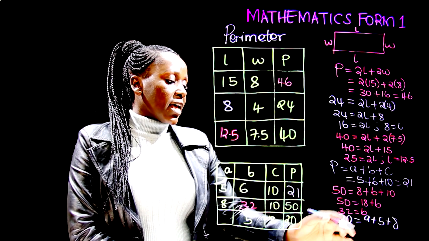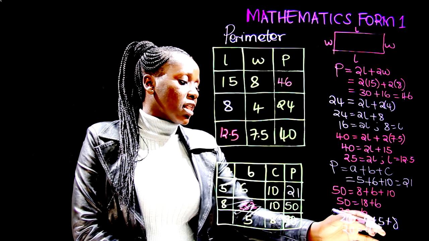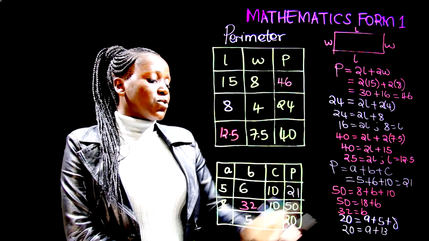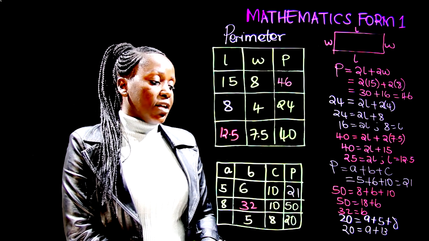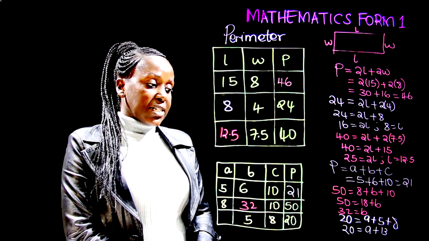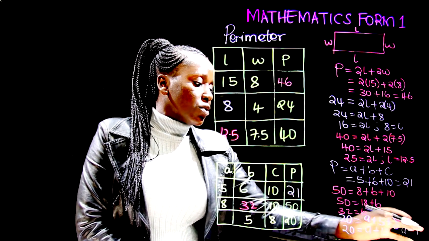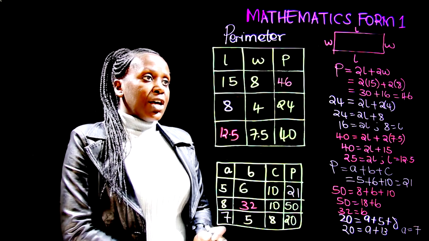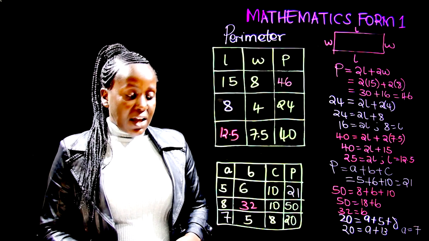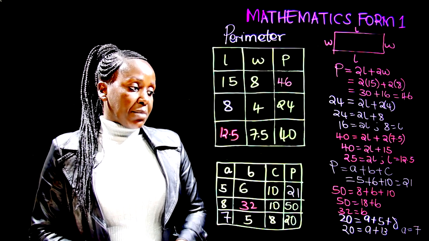So 5 plus 8 is equal to A plus 13. So for us to obtain A, we have to take 13 to the other side. So 20 minus 13 is 7. So our A will be equal to 7. So that is how you determine the value of one side given other sides and the perimeter.